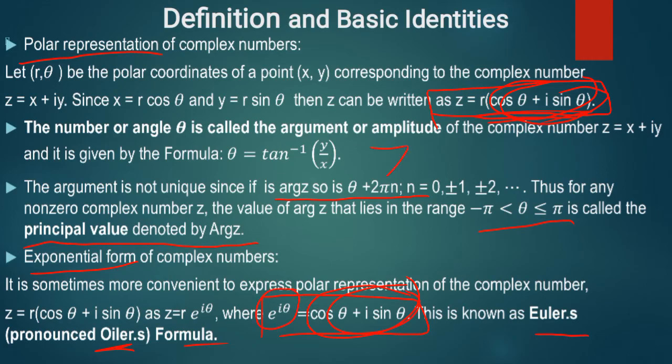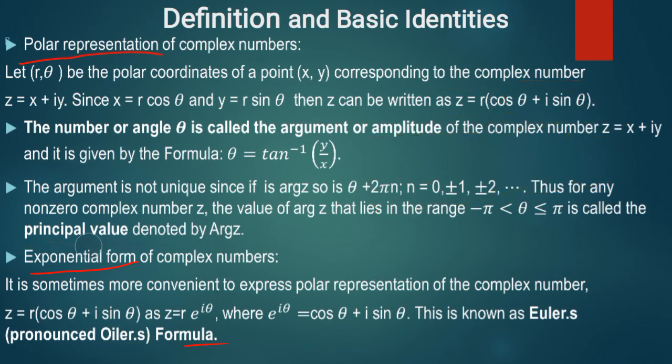So it means that my z is the same as r times e to the i theta. And that's all. That's the exponential representation of complex numbers. This is the exponential form. That's how we got that value, using Euler's formula, so don't forget Euler's formula.